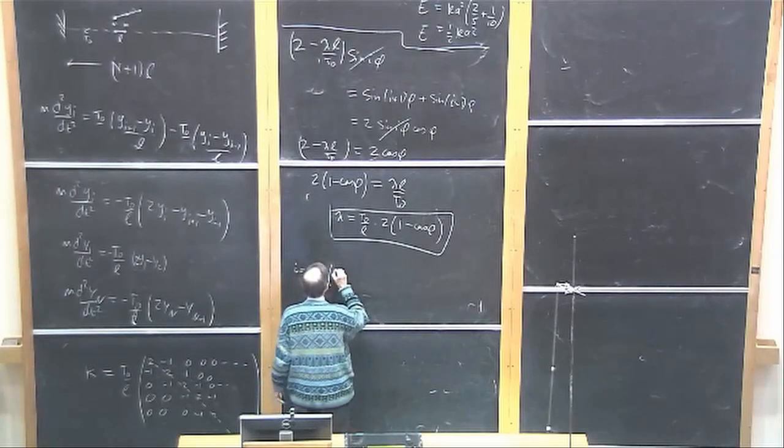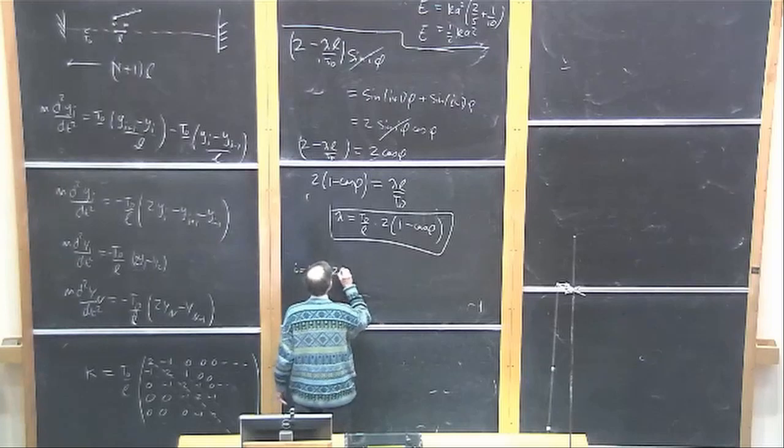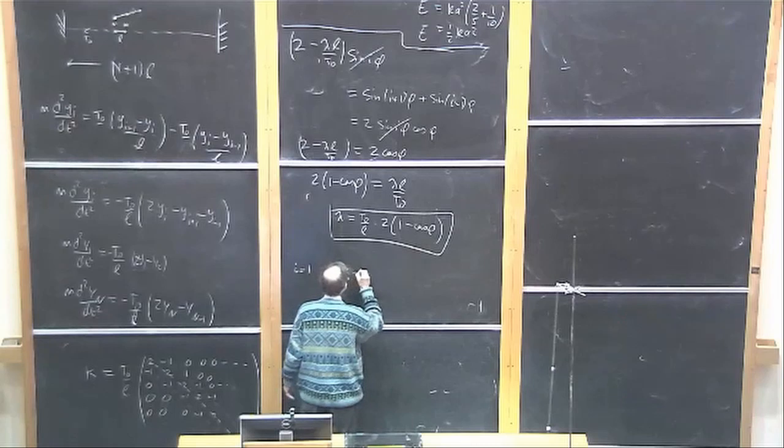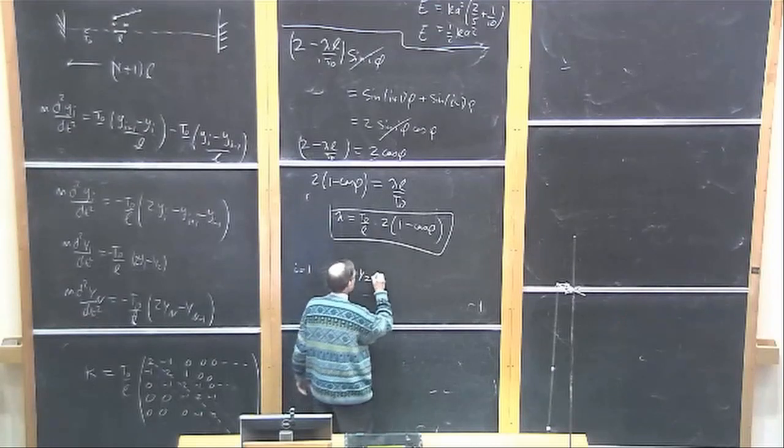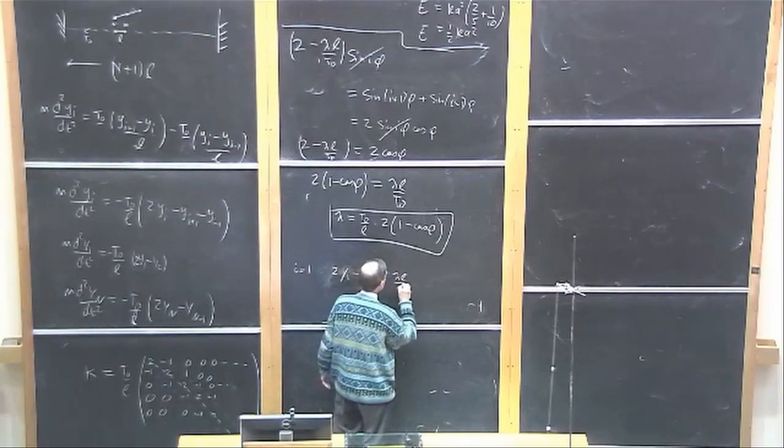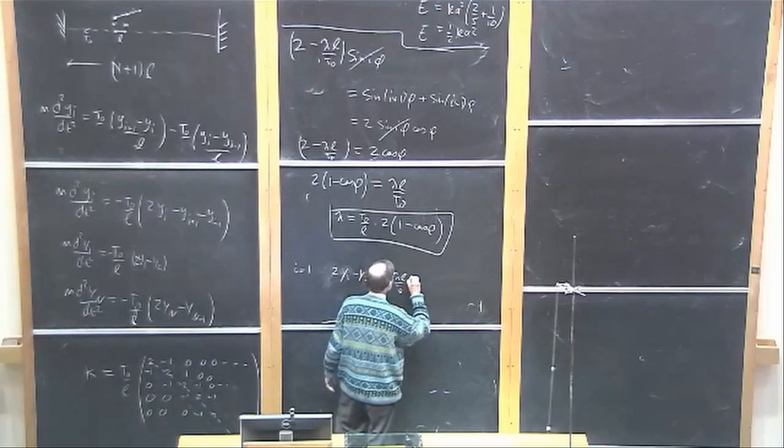We have 2 y1 minus y2 equals lambda L over T naught times y1.